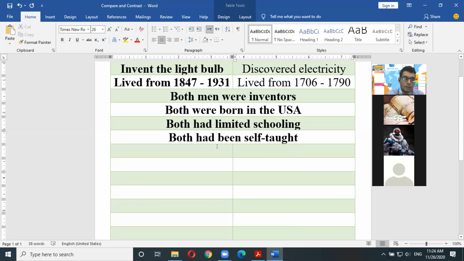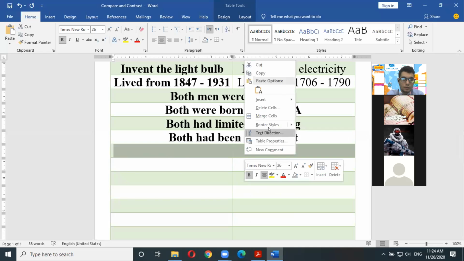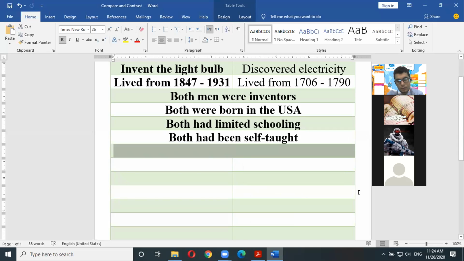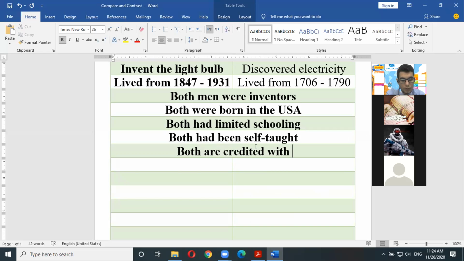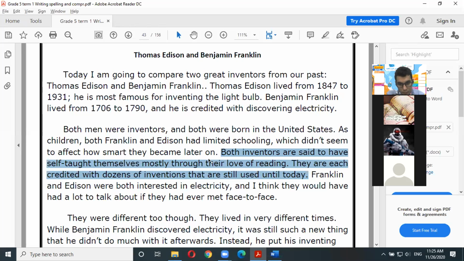What else? And they are each credited with dozens of inventions that are still used today. Very good. Both are credited with inventions, and they are still used today.